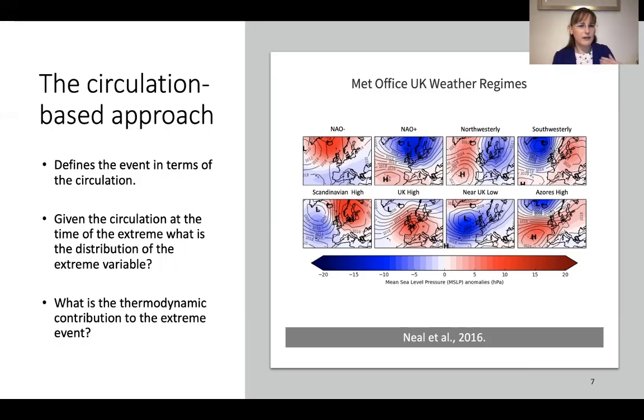And what we do is say, well, given that we had this particular circulation state, we know what circulation we had when the event occurred, then what is the distribution of that particular extreme variable? And this way we can start to separate the effect of the dynamics in terms of the circulation from the thermodynamic response.